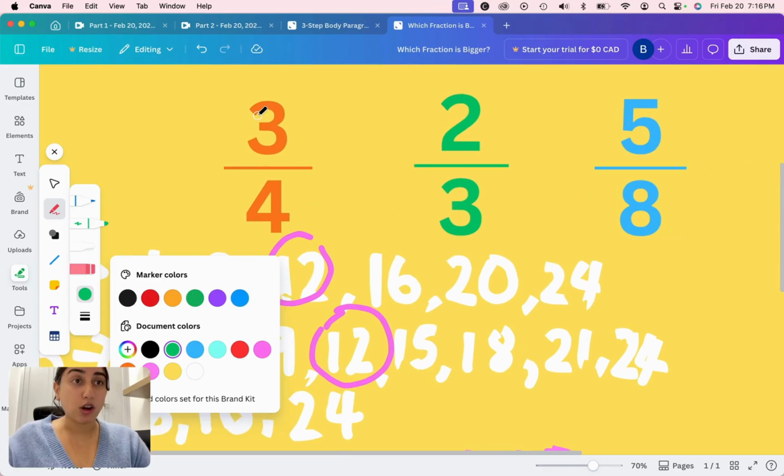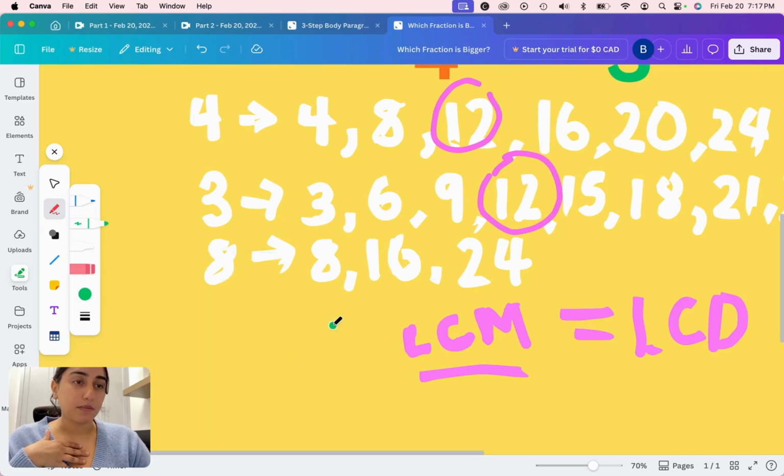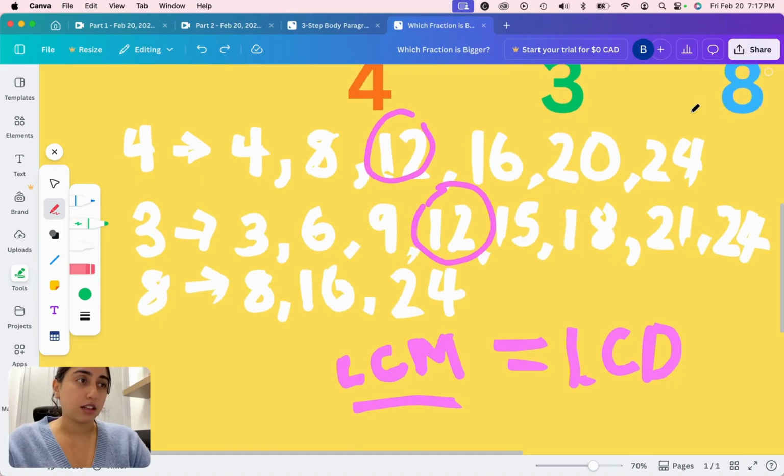I mean, we could draw them to compare them, but that's not the point of this video. The point of this video is to mathematically be able to figure out which fraction is larger. So to do it mathematically, we have to do it this way. So like I said, the lowest common denominator for all 3 fractions would be 24.